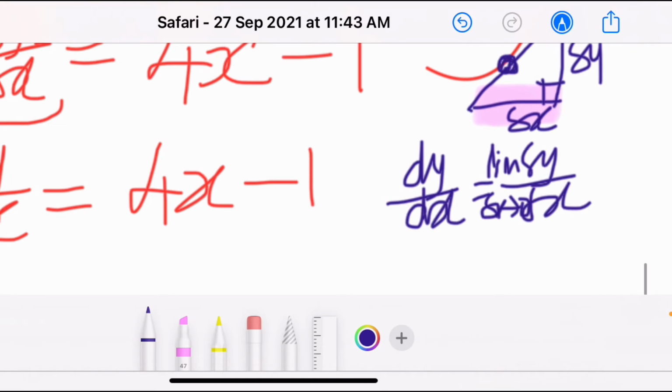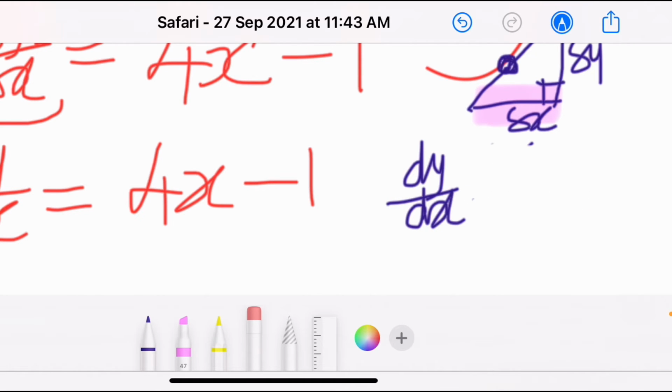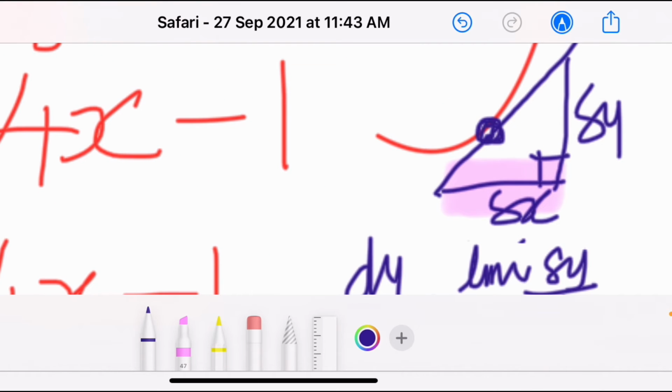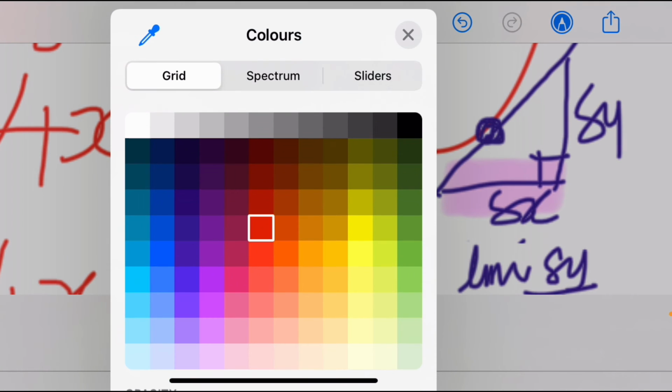So finally we write this. We must make sure we apply the right concept. dy/dx is delta y over delta x using the concept of limit when delta x approaches 0. What does it mean?